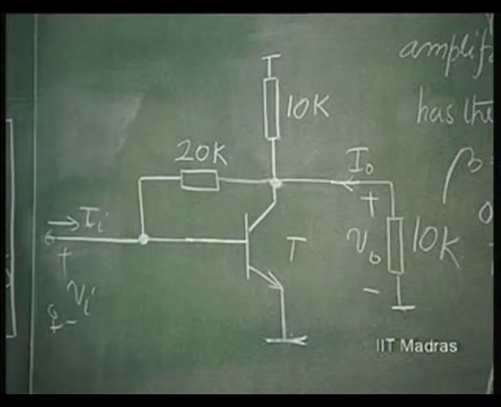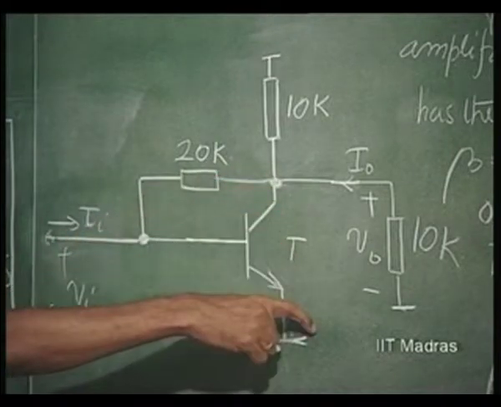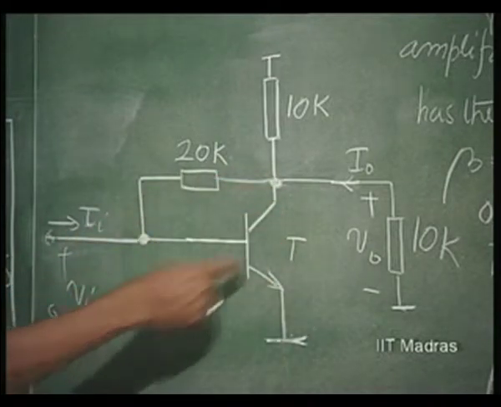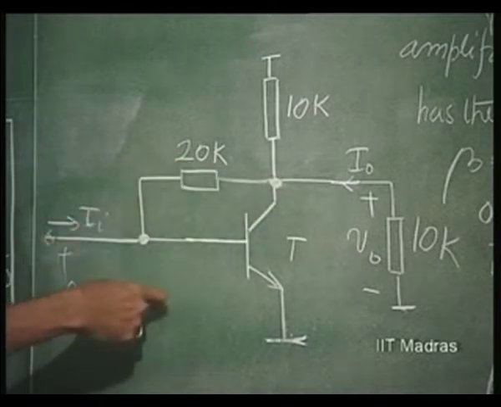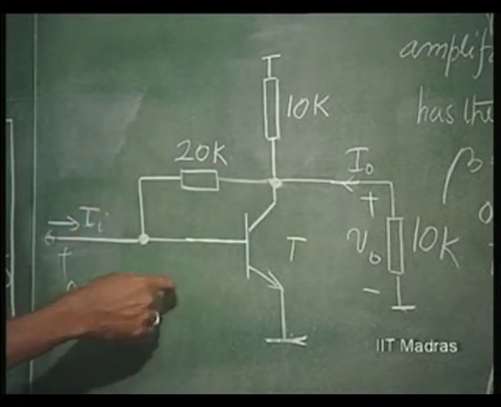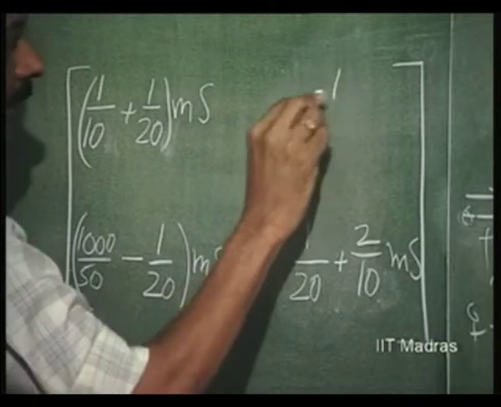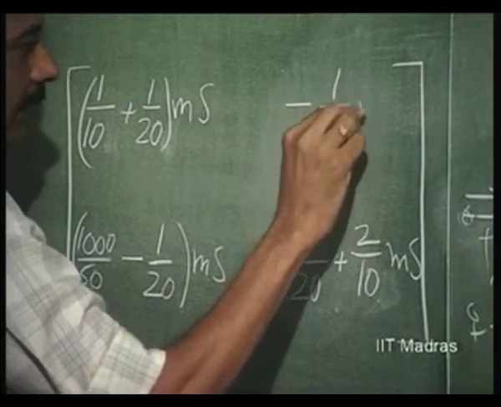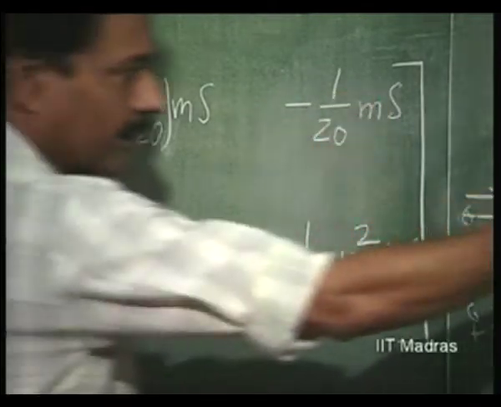Now only this parameter, when I apply an output voltage with this shorted, the only reverse transmission is due to this 20K. So minus 1 over 20 millisiemens. This is the only reverse transmission.